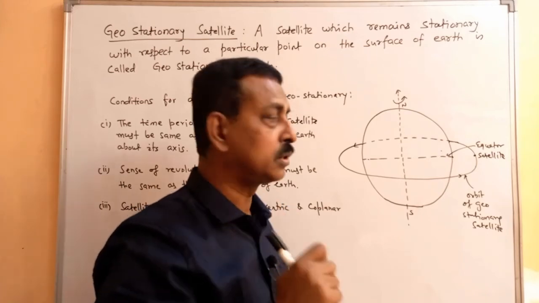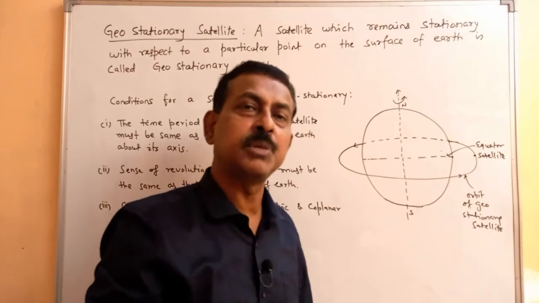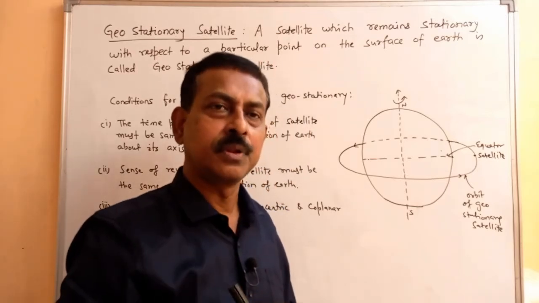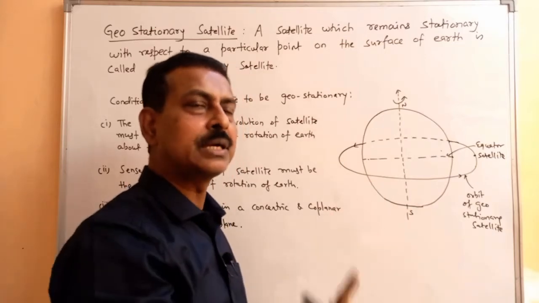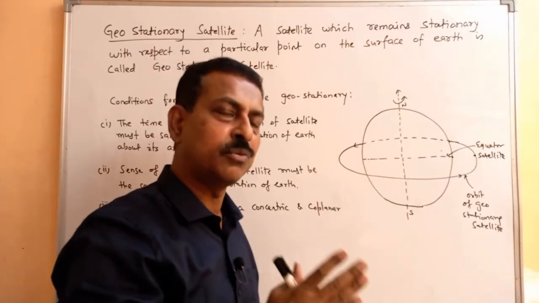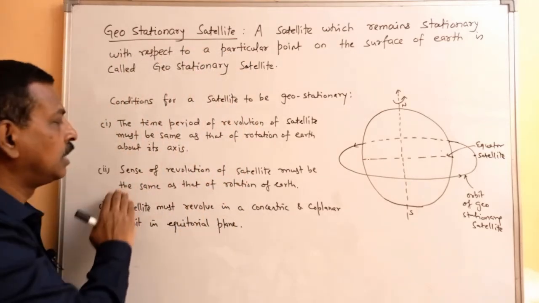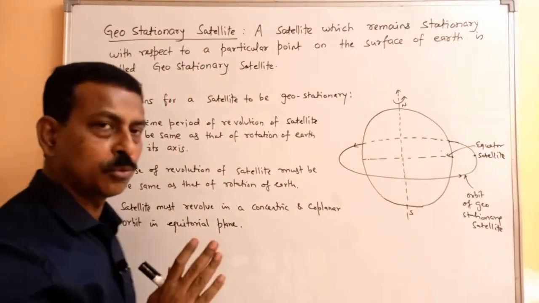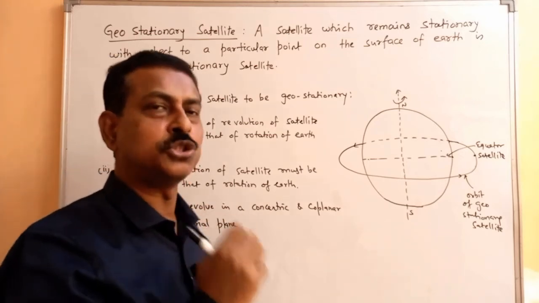So here it is also required that the axis of rotation and revolution must coincide. When it is concentric and coplanar, definitely the axis of rotation and revolution will coincide. So these are the three conditions a satellite must satisfy so that it is geostationary.